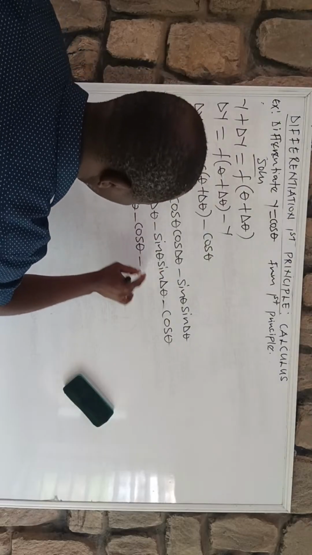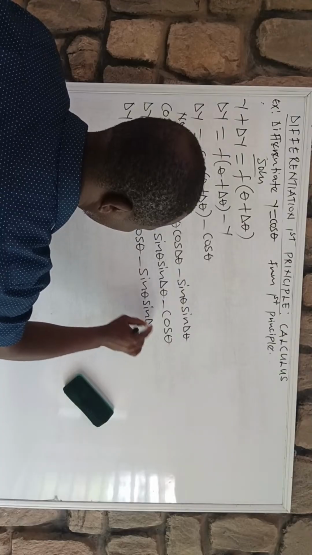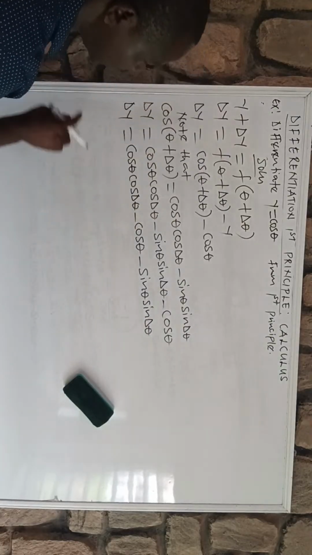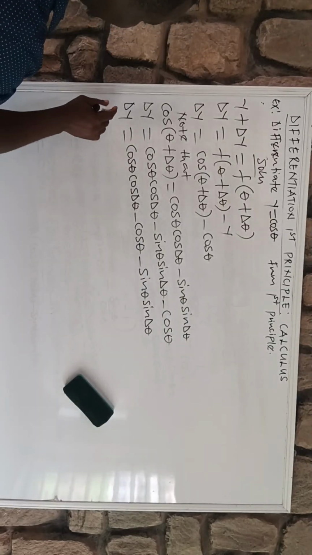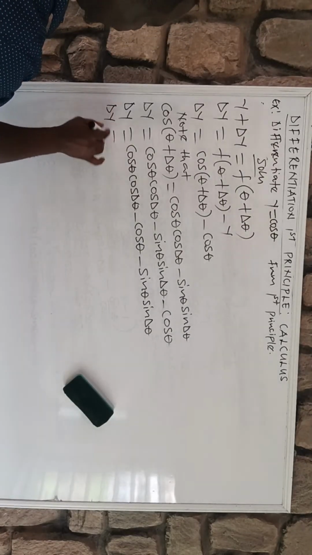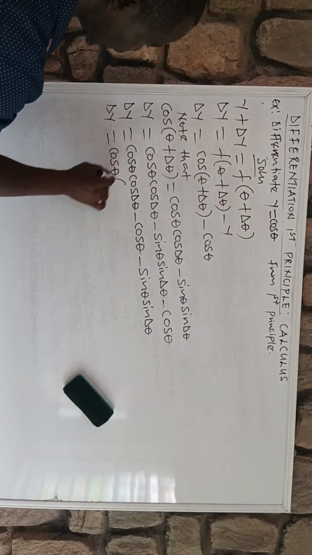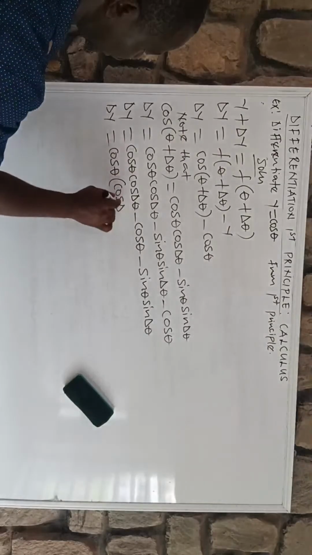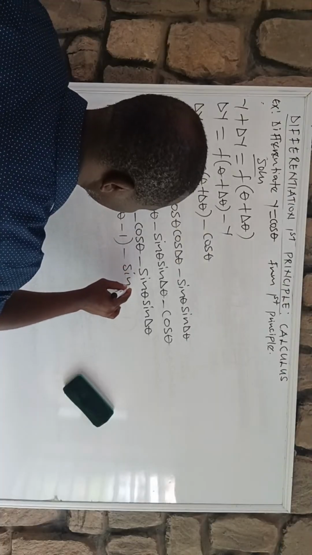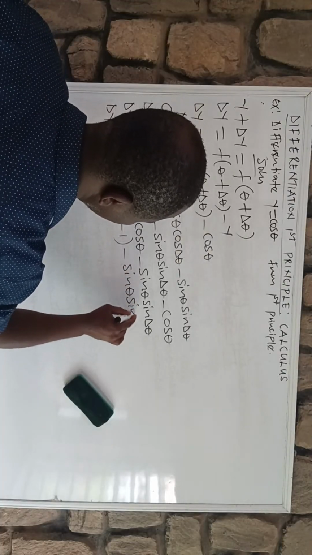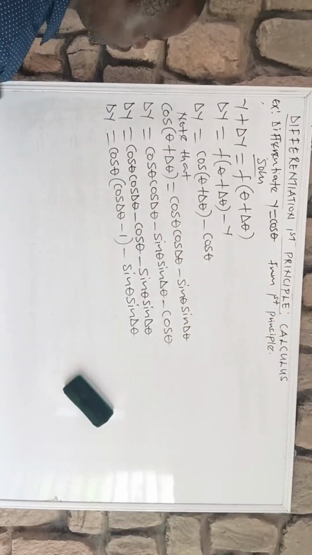Then minus sin theta sin delta theta. So what is common here? Cos theta is common, we factor it out. So dy is equal to cos theta open bracket cos delta theta minus 1, minus sin theta sin delta theta, right? Okay, so far so good.